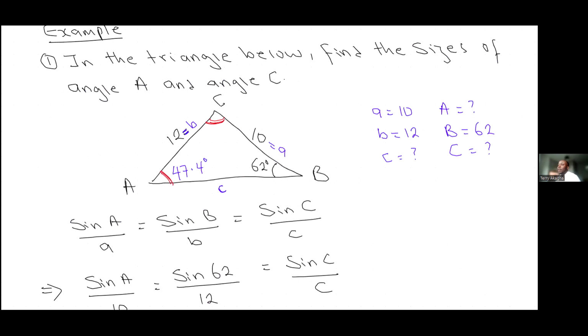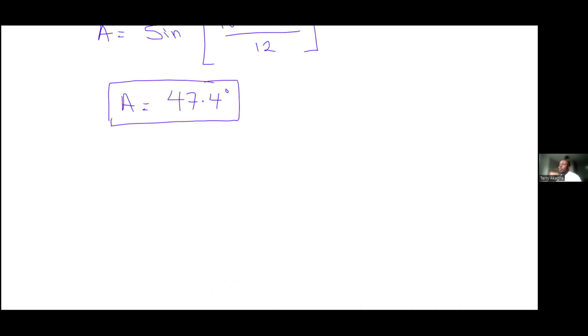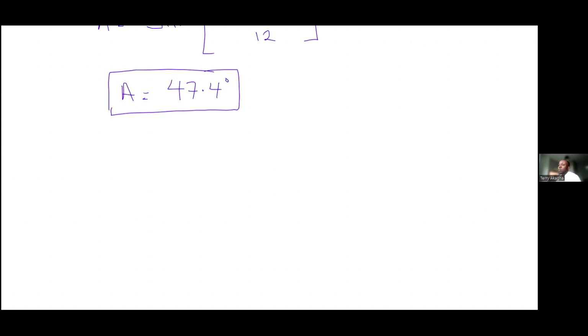Now we've known angle A, we know angle B. We can easily find angle C because we know that the sum of angles in the triangle is equal to 180 degrees. So we can apply that, add them together, subtract from 180, and it's going to give us the missing angle there. So we know that the sum of angles in the triangle is equal to 180 degrees.